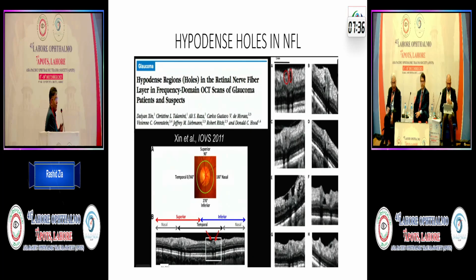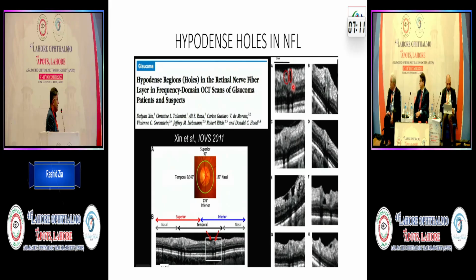So all of this story started with hypodense holes in the nerve fiber layer. This is a circumpapillary scan of the optic nerve head, possibly the most useful scan in glaucoma. And you can see different types of low reflectivity areas, and all of these eyes are without epiretinal membranes and VMA.